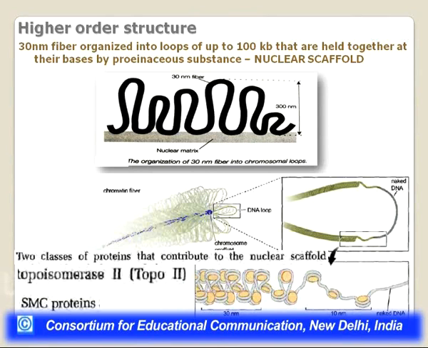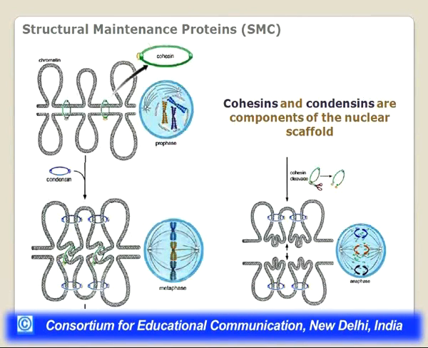We should recall I talked about the SMC proteins in my last lecture, the structural maintenance proteins, which are basically the cohesins and the condensins. The cohesin keeps together the two sister chromatids, which is, for example, shown in prophase, and in metaphase the condensins also play a role and bring together the loops which are formed.